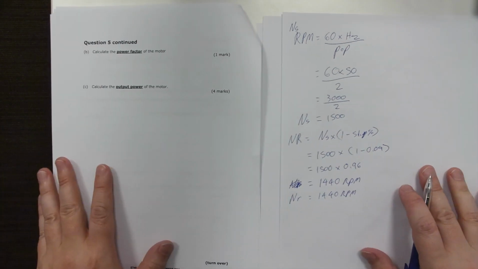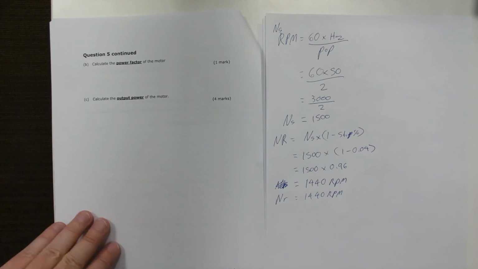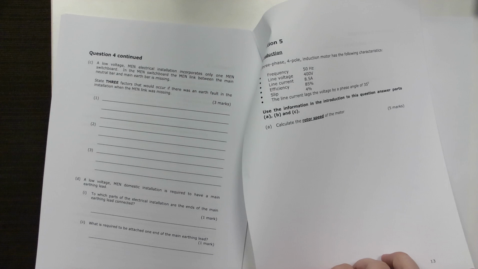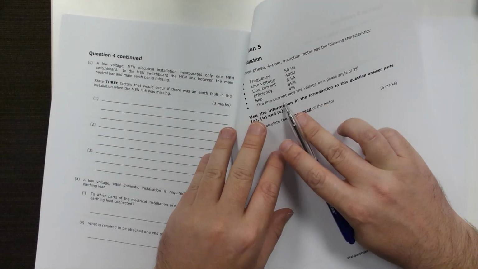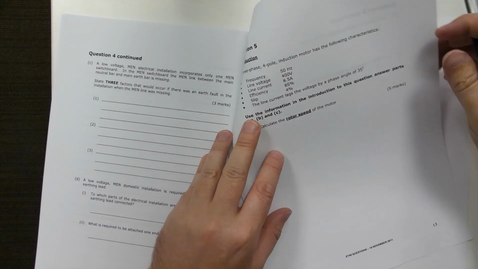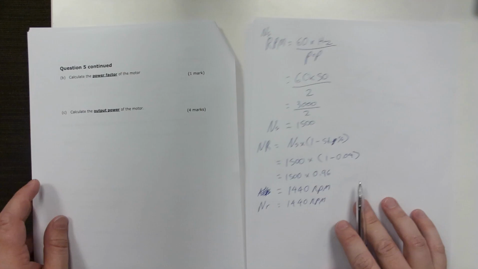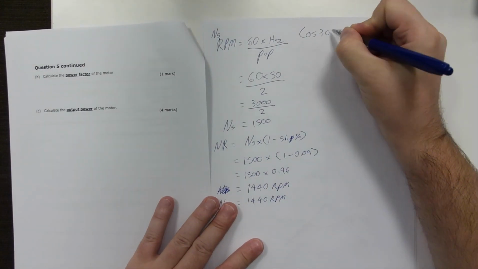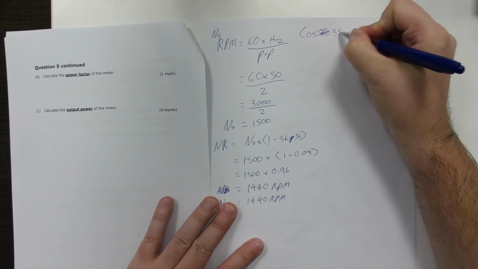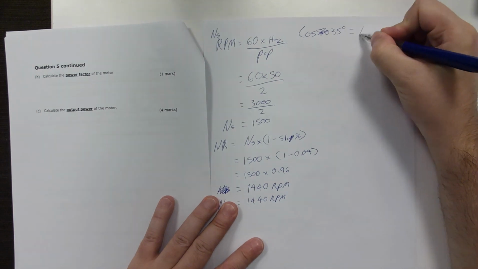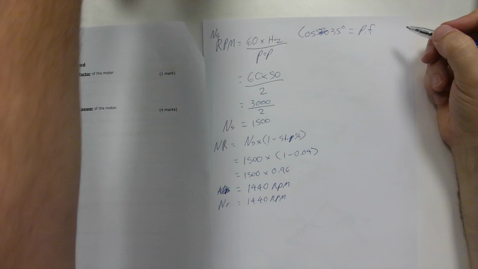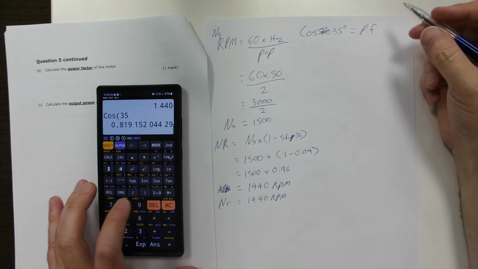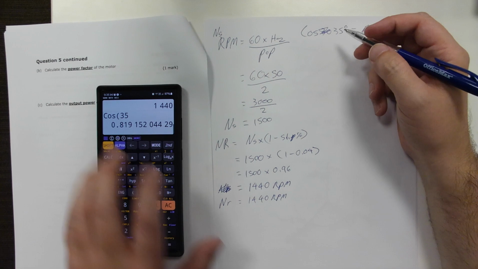So calculate the power factor of this motor. So what they did have was 35 degrees. Yep, the line current lags the voltage by a phase angle of 35 degrees. So this one is as simple as cos 35 degrees equals P.F. More simple questions, cos 35, and we get 0.819.